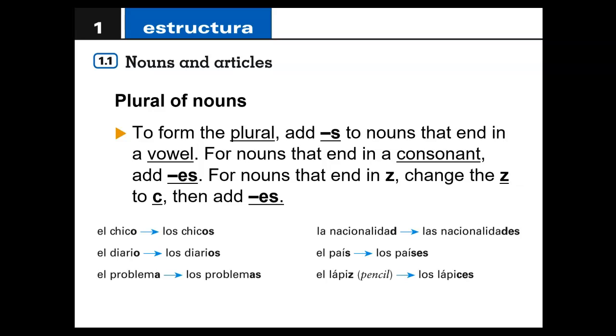Then I have el país, which ends in a consonant, an S, so I have to add ES: los países. And finally, the one that ends in a Z, I'm going to change that to a C and add ES. That's how you make them plural.